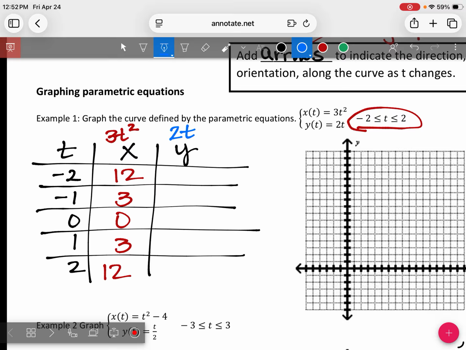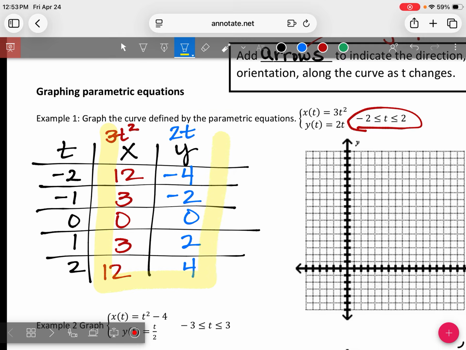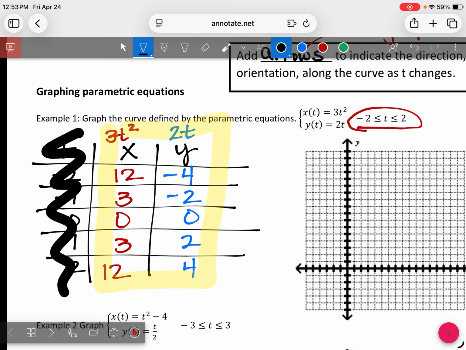What's 2 times -2? What's 2 times -1? 2 times 0, 2 times 1, and 2 times 2. Now we have our ordered pairs. This is what we're graphing. We no longer need this column.